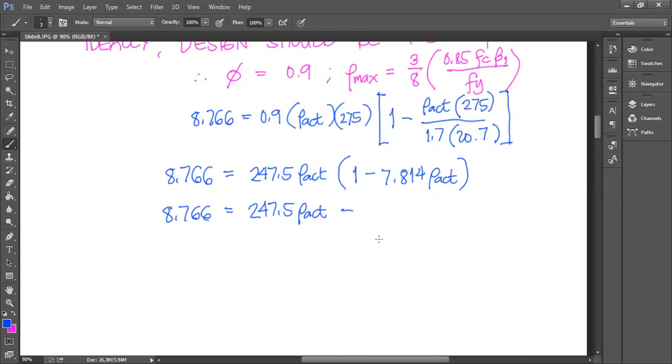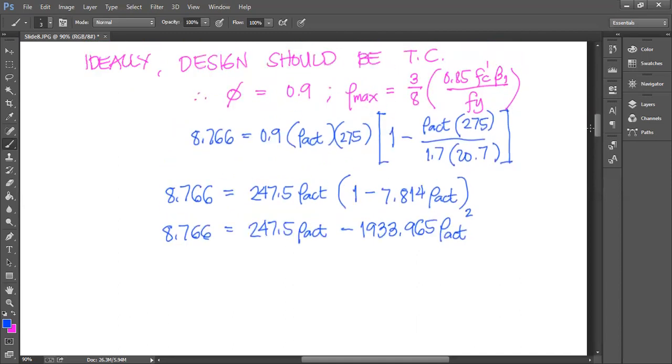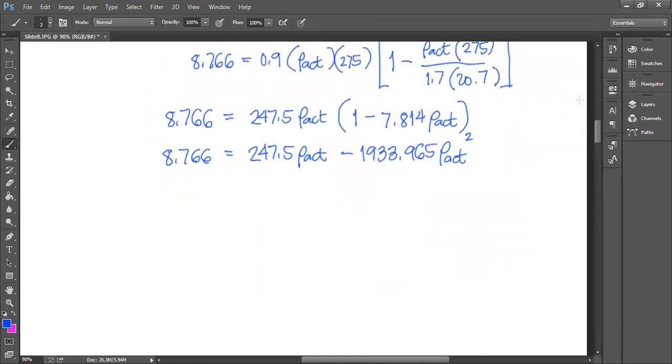So meron tayong, check natin. So 247.5 times 7.814 is 1933.965 raw actual squared. Since kita natin at some point na yung raw actual natin should be distributed.